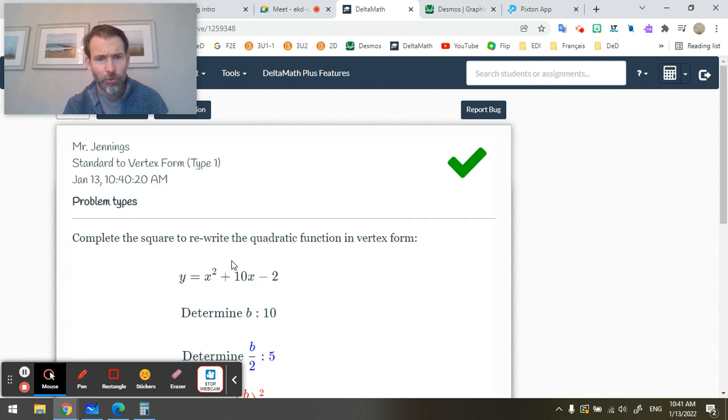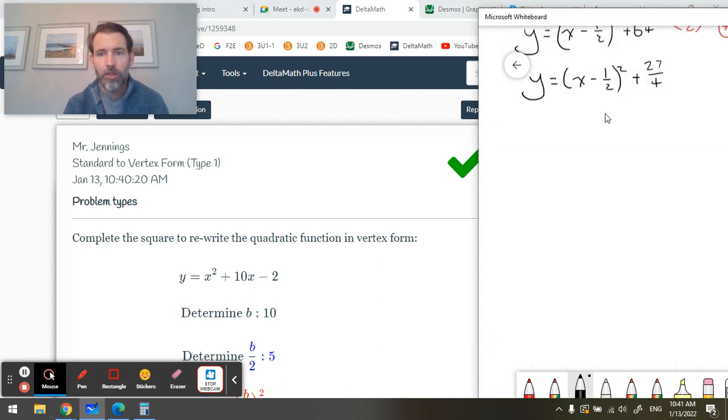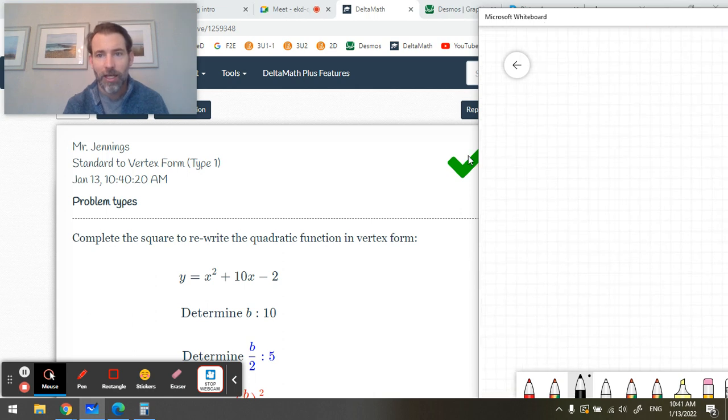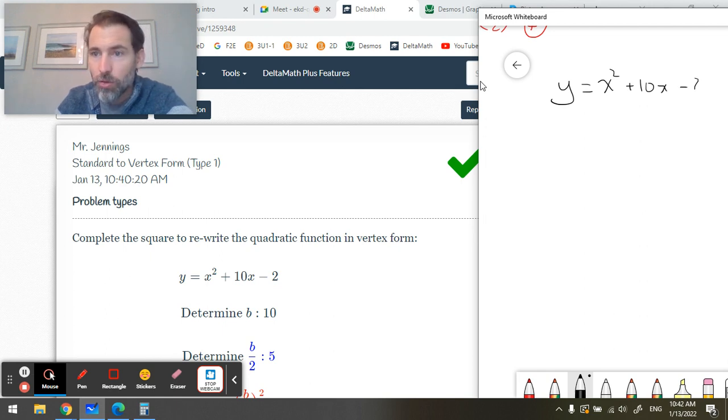Now, let's try this one a different way if we didn't want to use completing the square like we've looked at. What we could use is what we did yesterday, finding the axis of symmetry and then using that to calculate the vertex. We're going to write out our function here. Y is equal to x squared plus 10x minus 2. Now I use negative b over 2a to find the axis of symmetry.